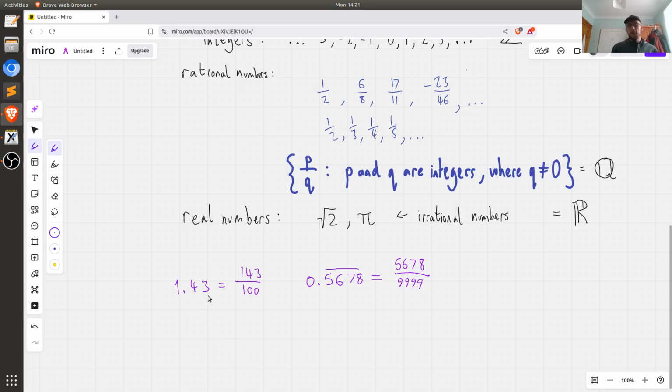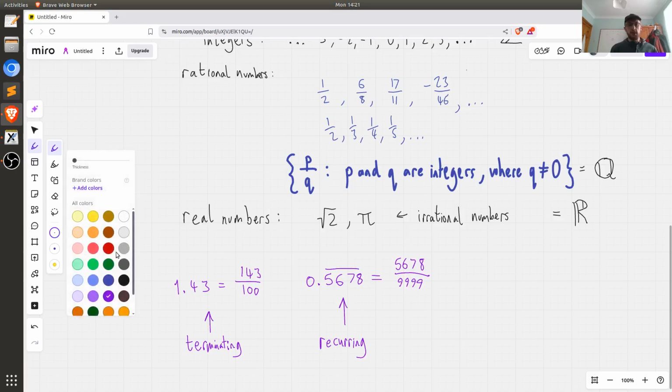So, decimal numbers which halt, or the official word is terminate, a terminating decimal, or repeat themselves, the official word is recurring. These types of decimal numbers are actually rational numbers in disguise.